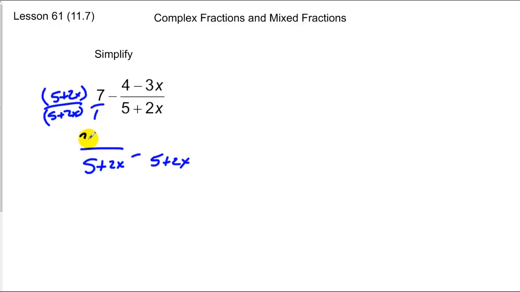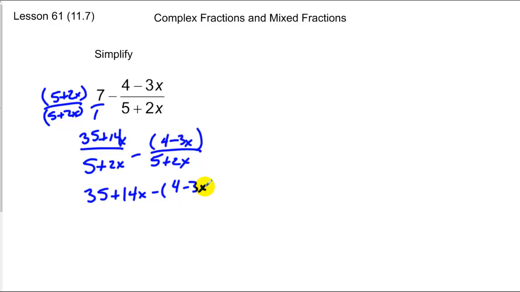This gives us 35 plus 14x, subtracted by 4 minus 3x. Again, I like to rewrite 35 plus 14x minus 4 minus 3x over my LCD, which is 5 plus 2x.